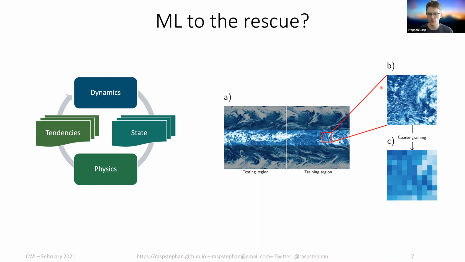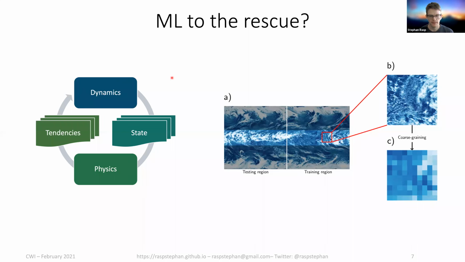You apply a coarse graining, and from this coarse grained state, you also figure out what are the coarse grained tendencies. You build this training data set, then you train a machine learning model to do the mapping from state to tendencies, and then you plug your machine learning model back into your climate model instead of the traditional parameterizations and run it in a climate or weather simulation.